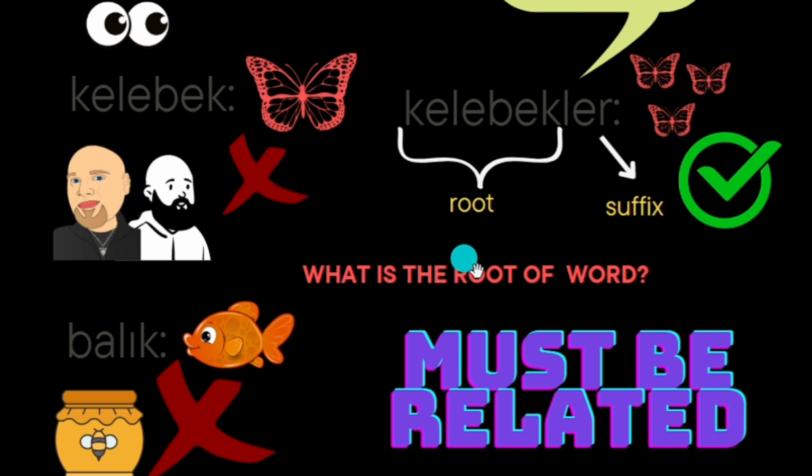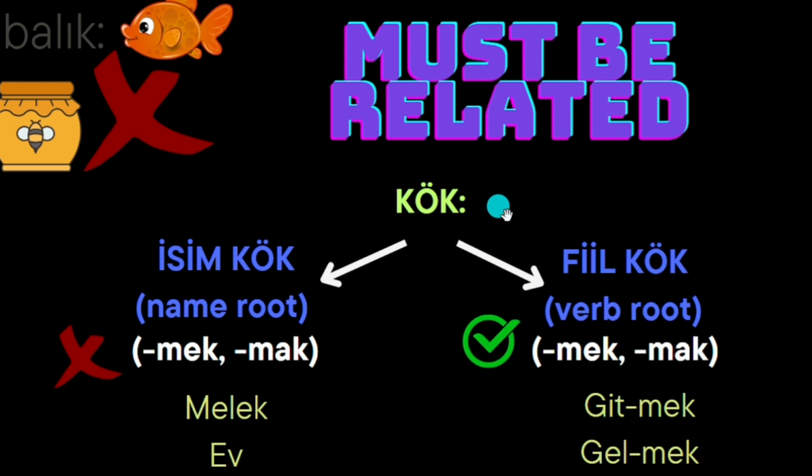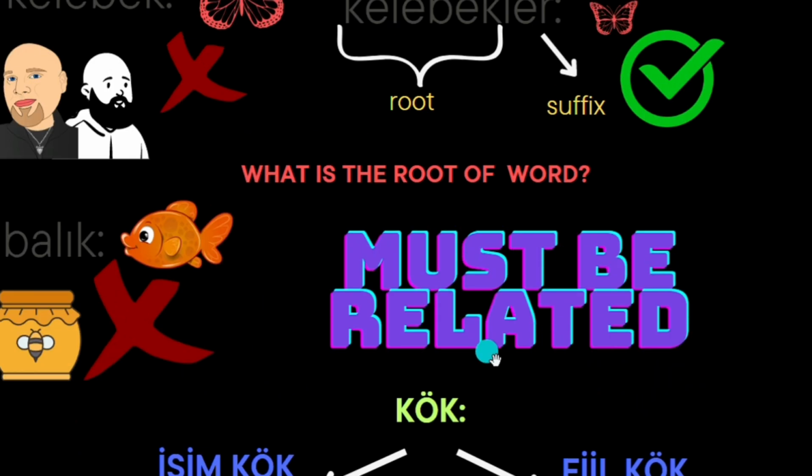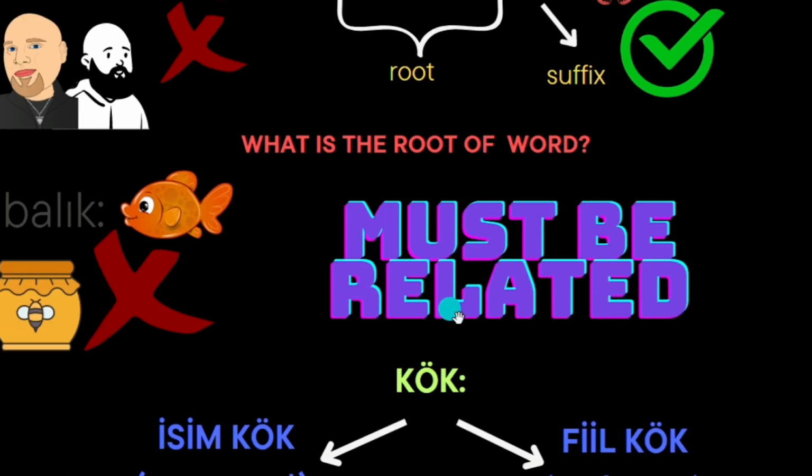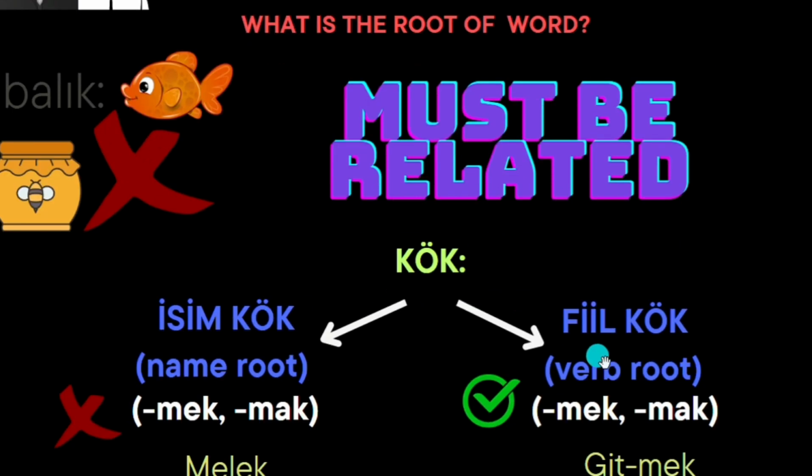Once you find root, you solve the Turkish. You just take a root on your side and add lots of suffixes, lots of additions. That's it.